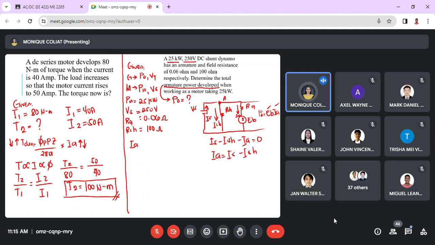So, to get IS, this is IS. The voltage across RSH is equal to VS because they are in parallel. So, that will be VS over RSH minus, this is ISH.